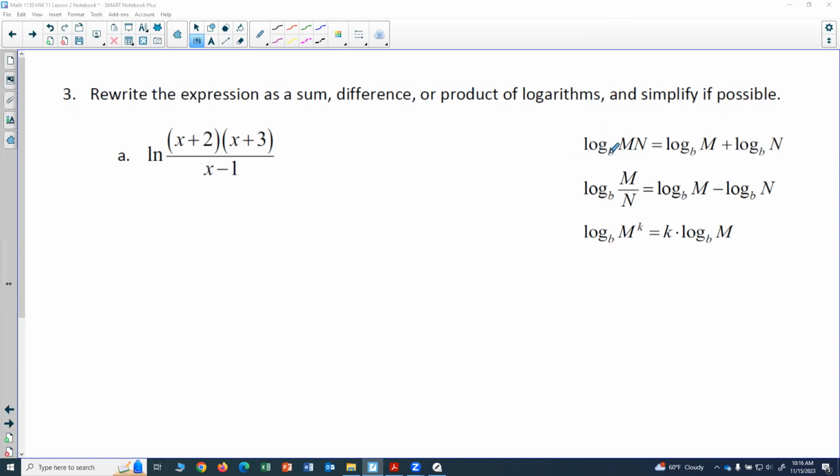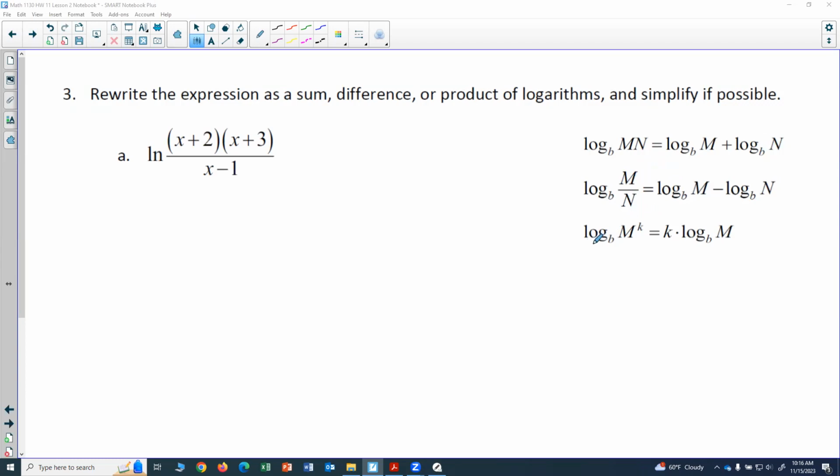If you have log base b of m times n, that's equal to log base b of m plus log base b of n. If you have log base b of m over n, that's equal to log base b of m, whatever's in the numerator, minus log base b of n, whatever's in the denominator.